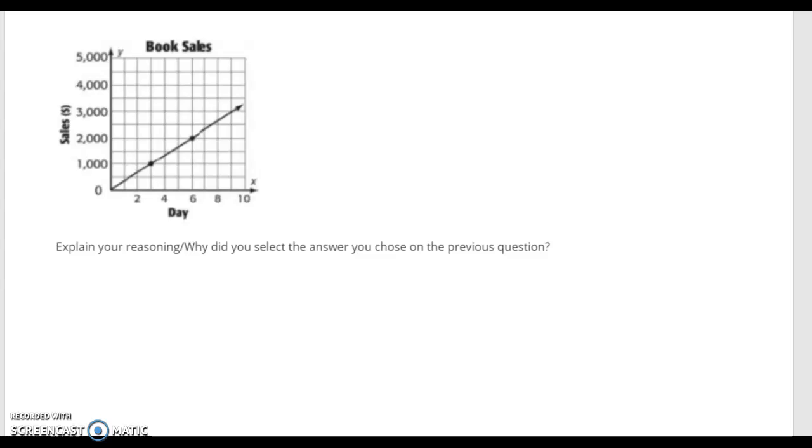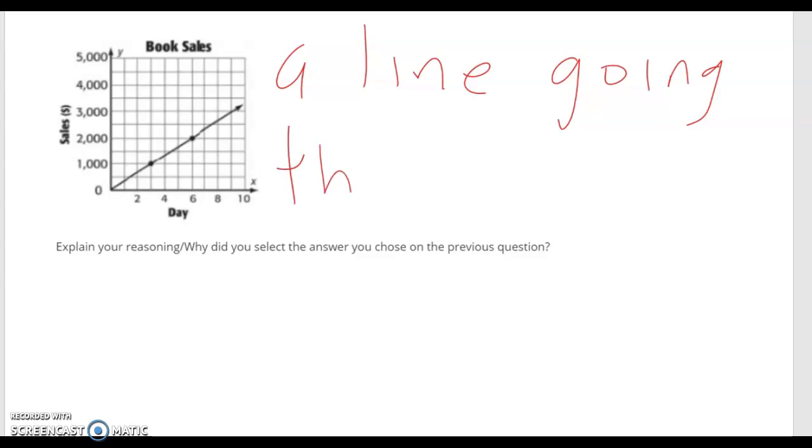This question asks, explain your reasoning. A line going through 0, 0.